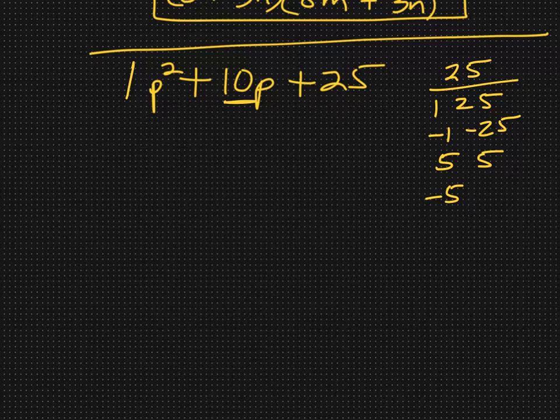So either 5 times 5 or negative 5 times negative 5. But 5 times 5 is the one that adds up to 10.